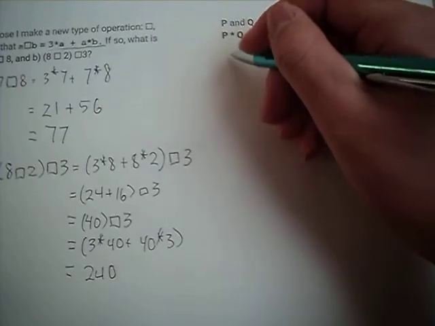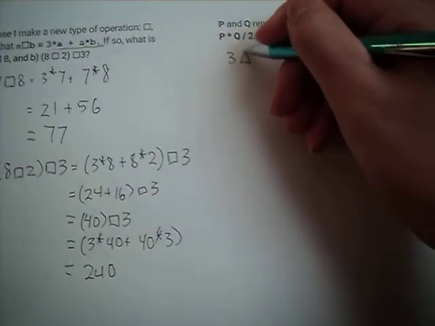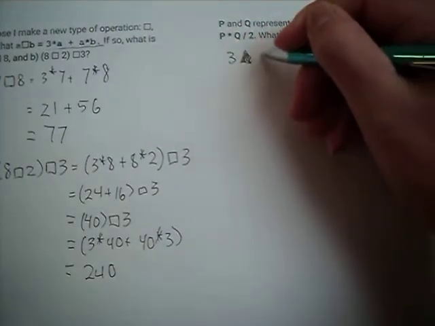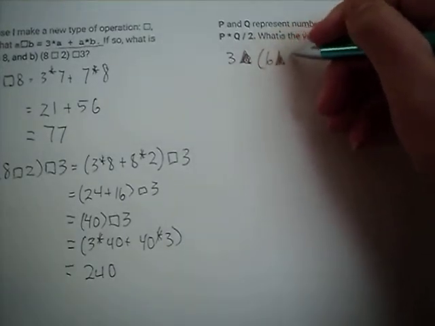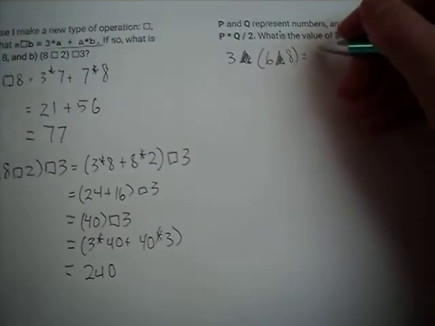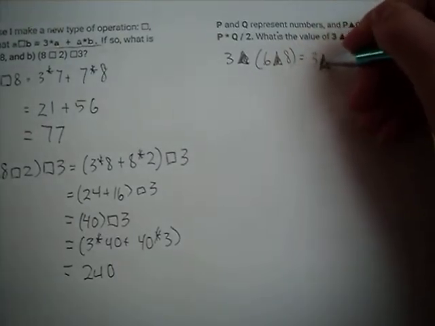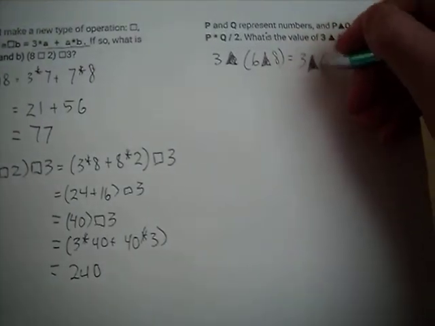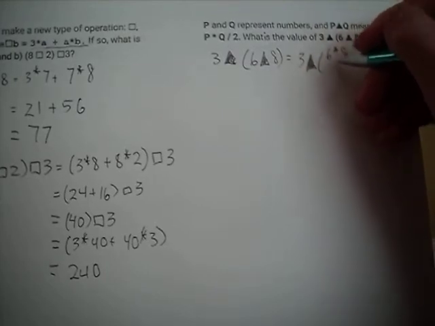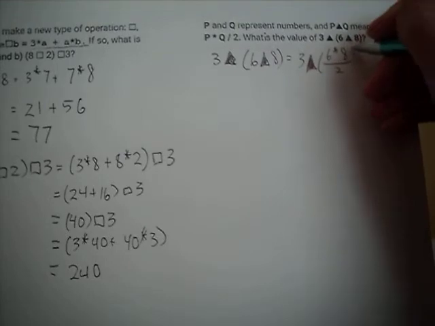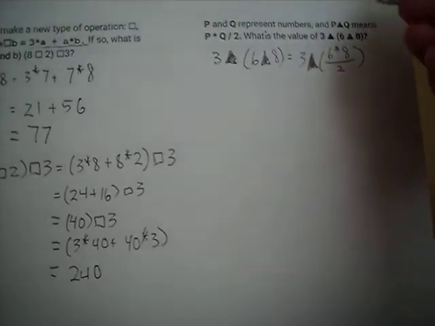So, of course we need to do the parentheses first. So, it would be 6 triangle 8 is equal to 6 times 8 divided by 2, since 6 is P and 8 is Q.